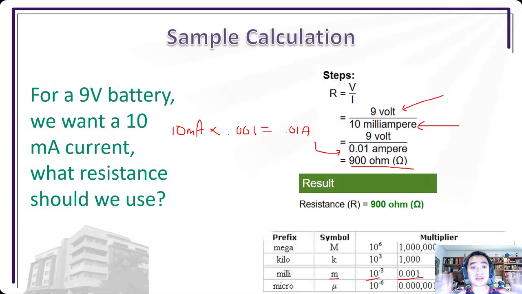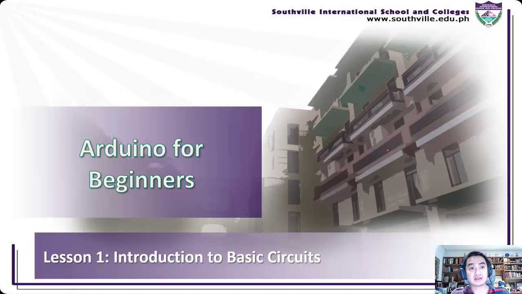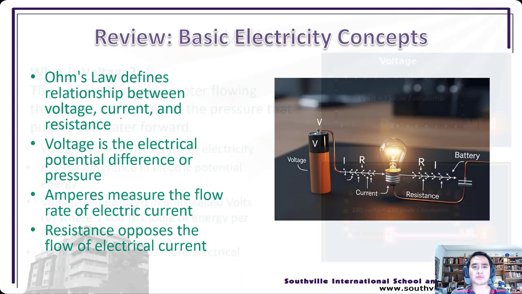So this is the end of the first part where we discussed all these things: Ohm's law, voltage, amperes, and resistance. Ohm's law is the relationship; voltage is the kind of electrical pressure, amperes is the flow of the current, and resistance is anything that opposes it.